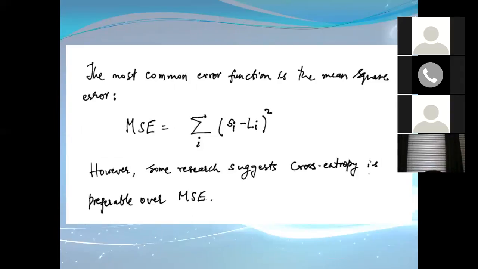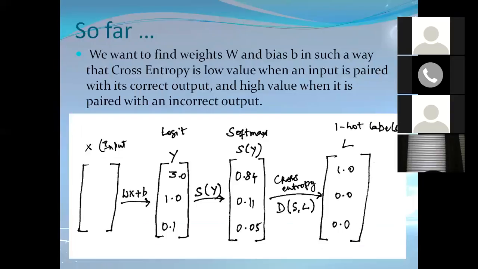Now, as I said, the most common error function is the mean square. So this is how it's defined, but it looks like cross entropy is preferable over mean square error. So to summarize, the scheme is something like this. You have a set of input vectors. In this case, let's say you have one input vector.